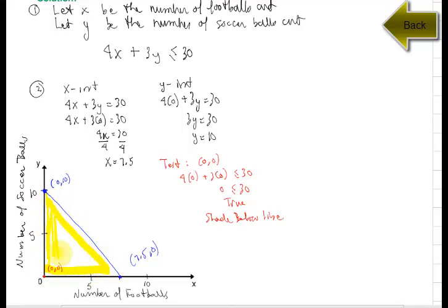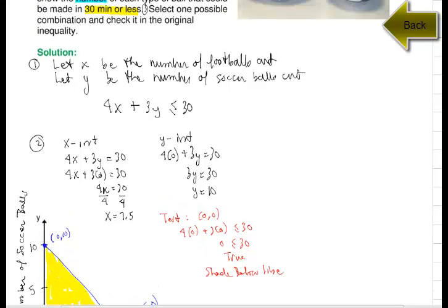Okay, and so I get this. Now you don't want to go outside of your x and y axis because negative numbers are meaningless in this example. Okay, and so we would get this as our graph. So that brings us to the third item on our list, which is to select one possible combination and check it in the original inequality.